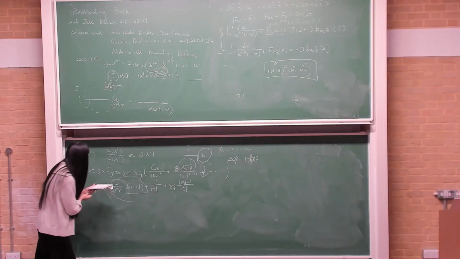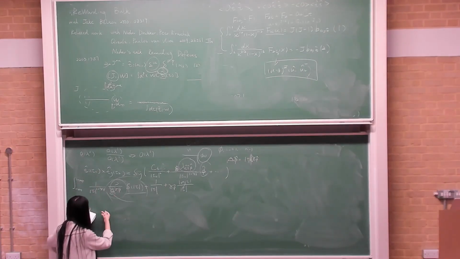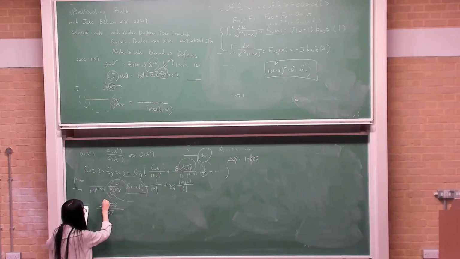And this part gives me the contribution to lambda t phi hat over gamma phi hat, which with this epsilon exactly cancel each other.